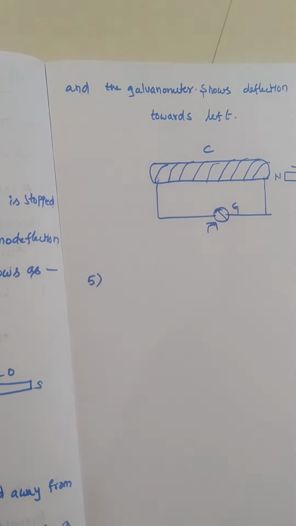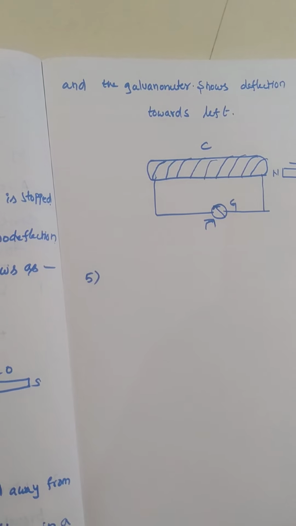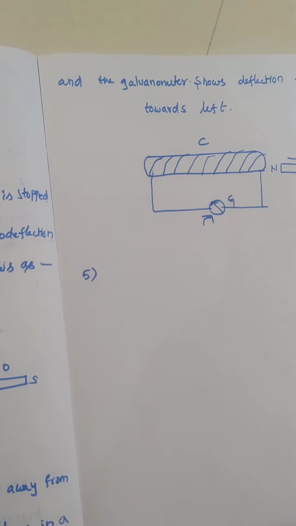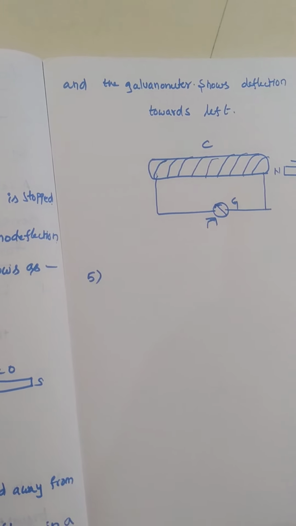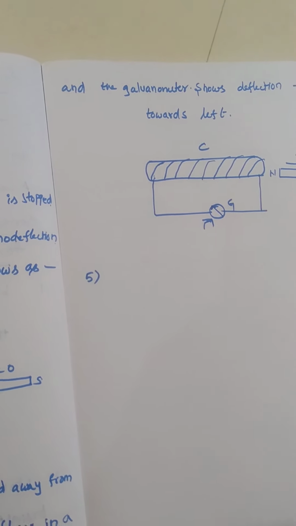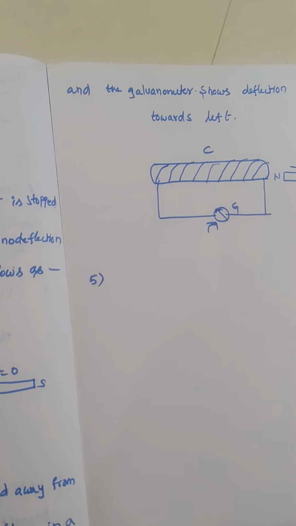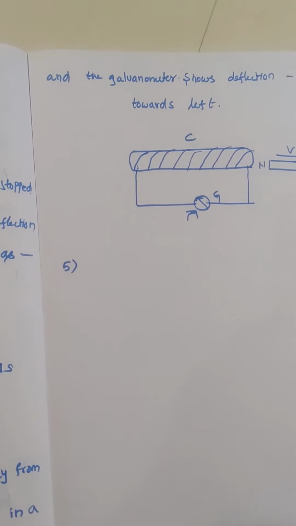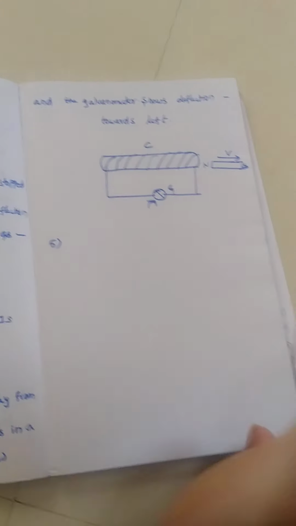The next point is, if the magnet is moved faster with velocity v dash instead of v, then the deflection of the galvanometer also increases. Note the deflection is more in the figure as v dash is greater than v. I think everyone got it, or not, I don't know.